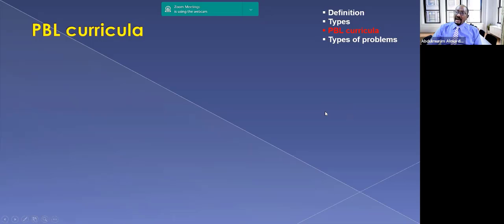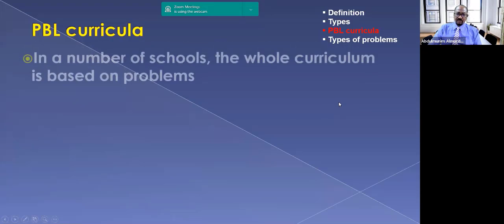Most people in the medical education field think that this might not necessarily be needed. You can use PBL in any type of curriculum as an approach, not necessarily converting the whole curriculum into PBL.